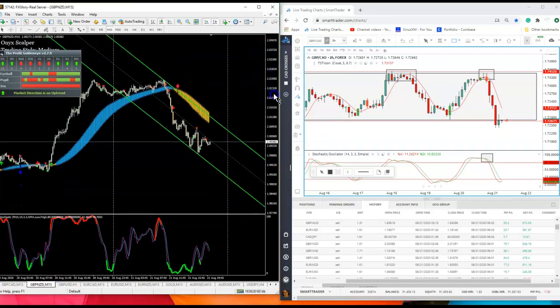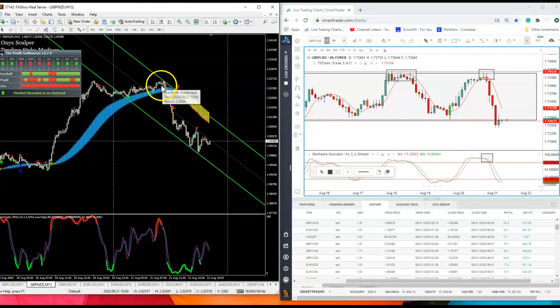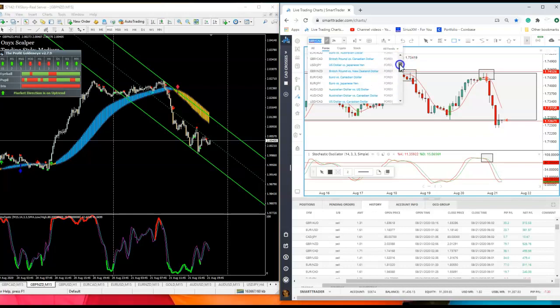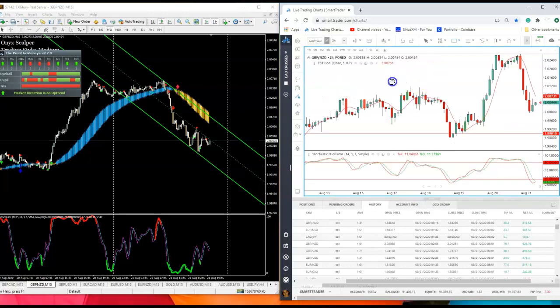Here's the pound New Zealand, same thing. Price breaking below the bars on the Onyx on a 15-minute chart. We've got a sell signal. Notice that price is around the top of the Jackhammer. Okay, so I look at my chart, and there it is.